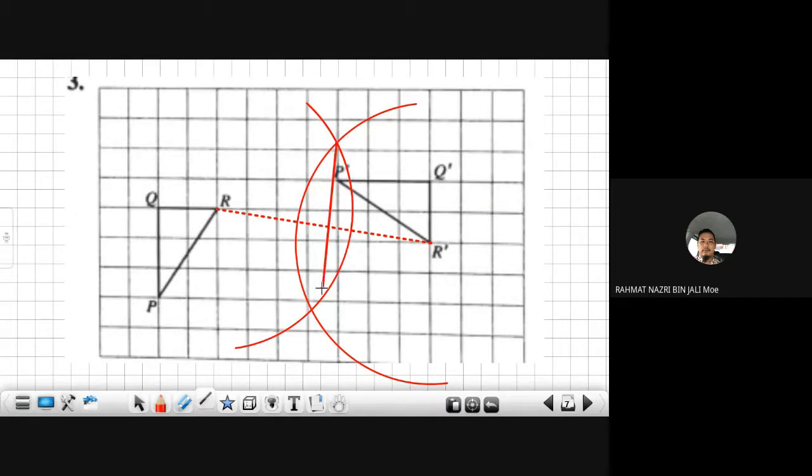Extend S. Make it longer because we want to get the intersection.